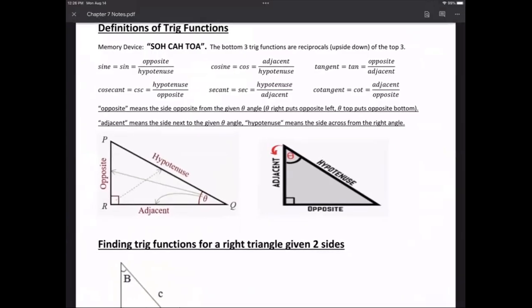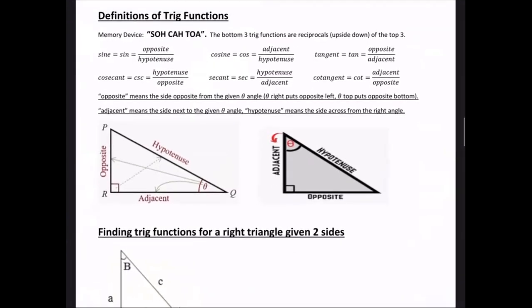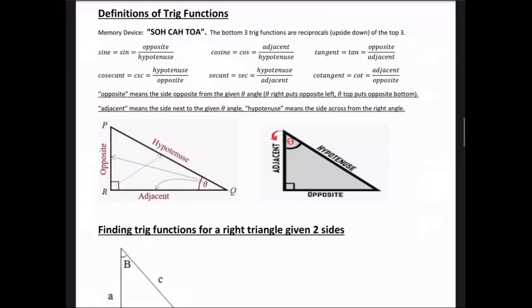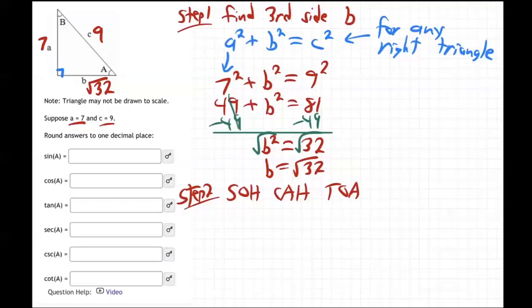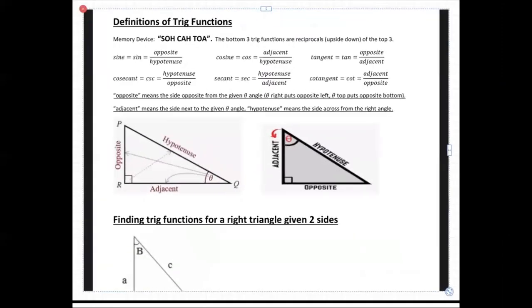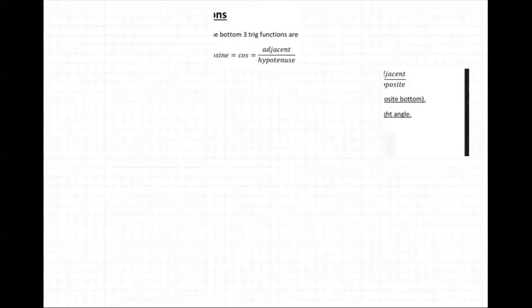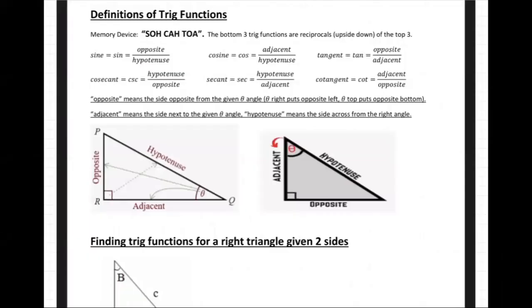Let me move that up for you, where I can write on it. Okay, there we go. All right, so this is in the notes that I provide for you in the notebook.